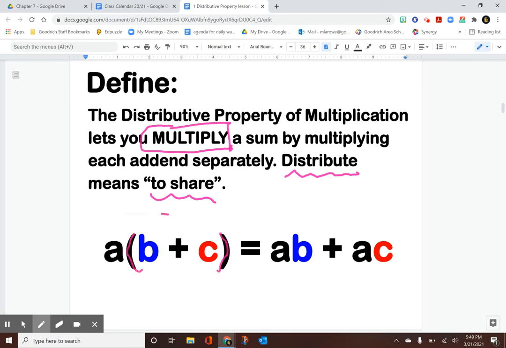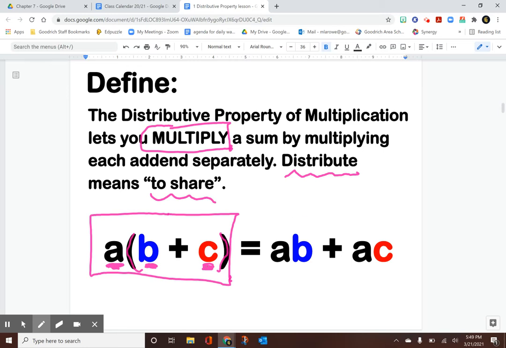So the format starts off looking like this structure, where A represents some kind of a value, B could be a number or it could be a variable, and C could be a number or it could be a variable to represent an unknown number. So this is the way the structure starts off looking.